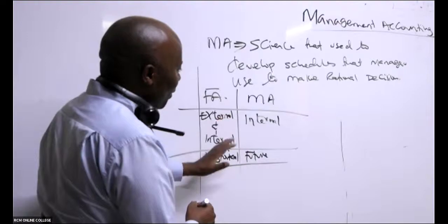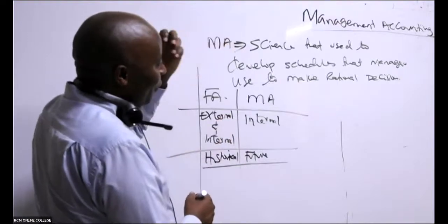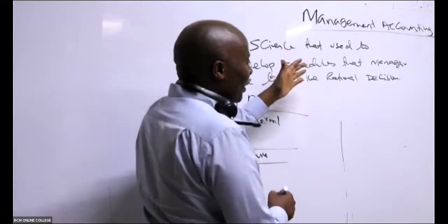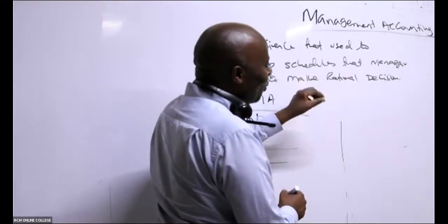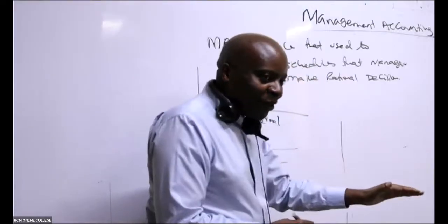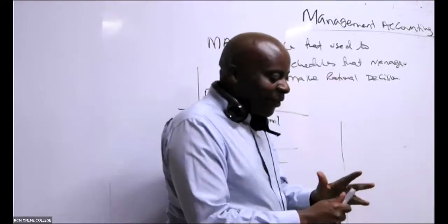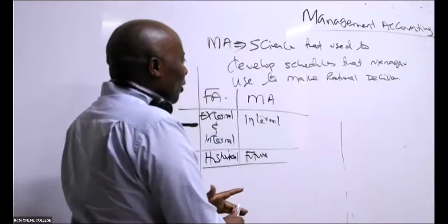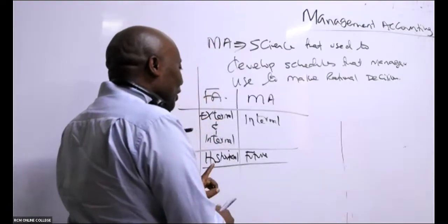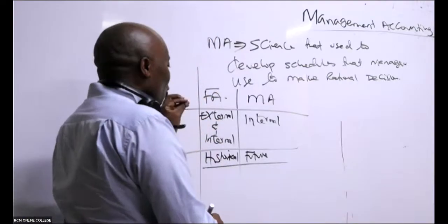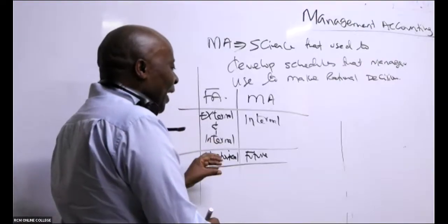Whenever it comes to financial accounting, the structure is normally given. If it's an income statement, we must start with sales, less cost of sales. Even cost of sales has an order to be followed. We have opening inventory, you add purchases, and then you less closing inventory. So financial accounting is well guided by the International Financial Reporting Standards.